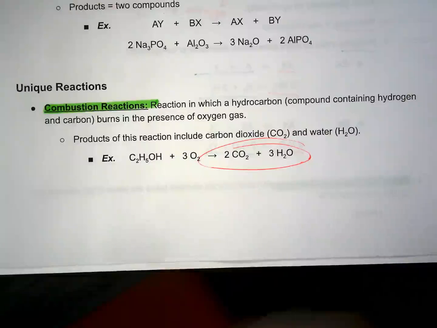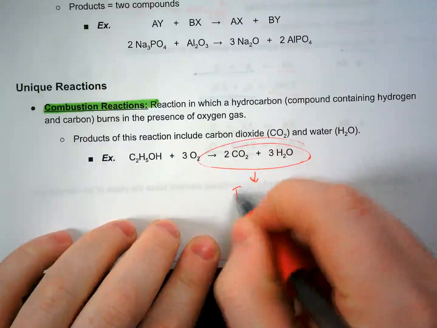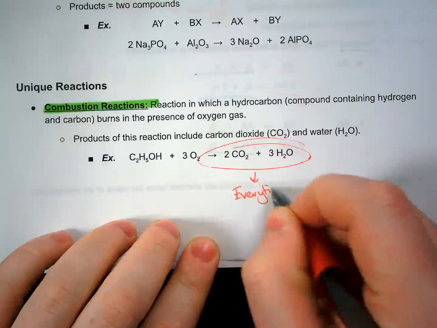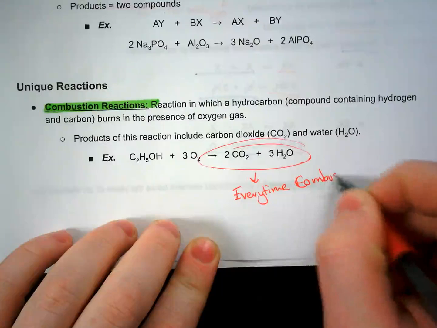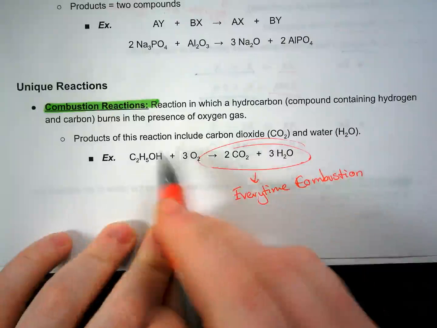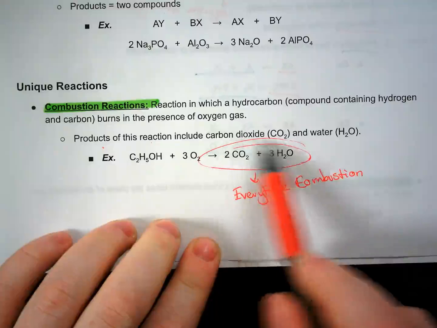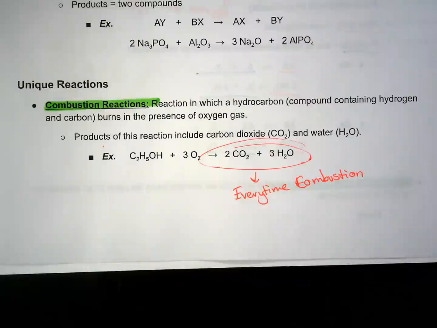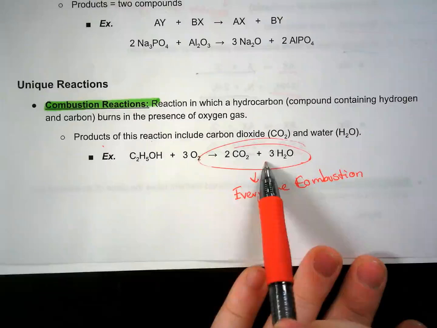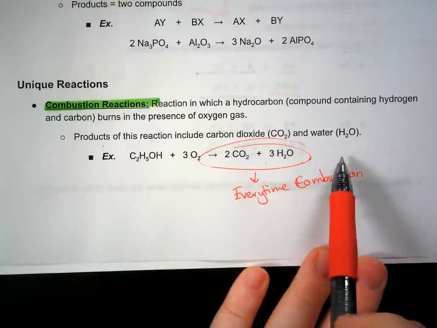Every time combustion. It even says so right here: products of this reaction include carbon dioxide and water. If you've got carbon dioxide and water at the end in your products, it's combustion. Now, it is possible that in a combustion you're still left with another material.